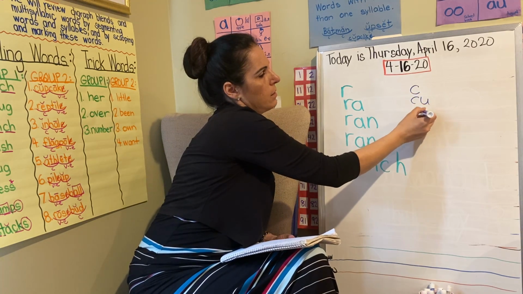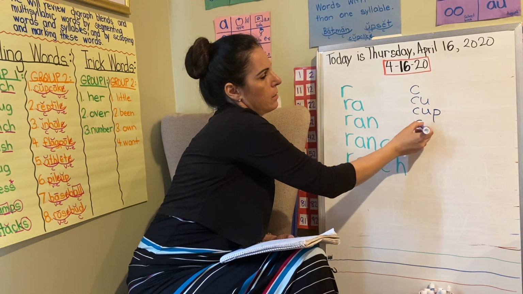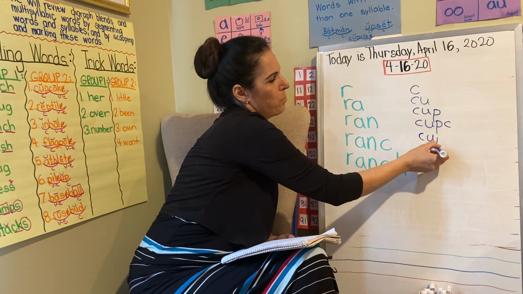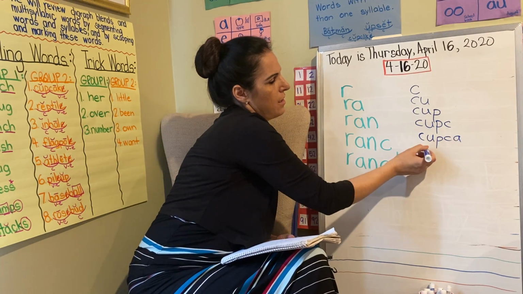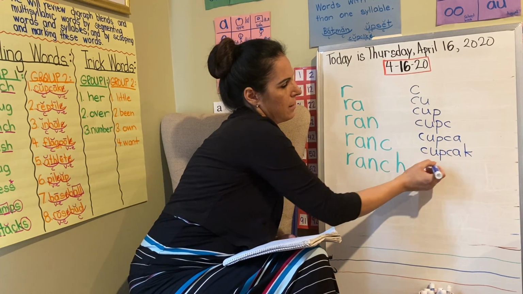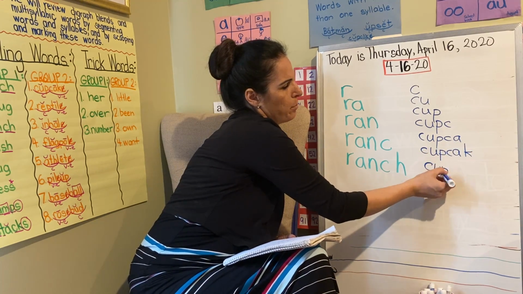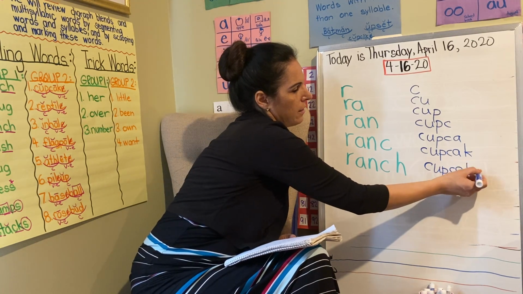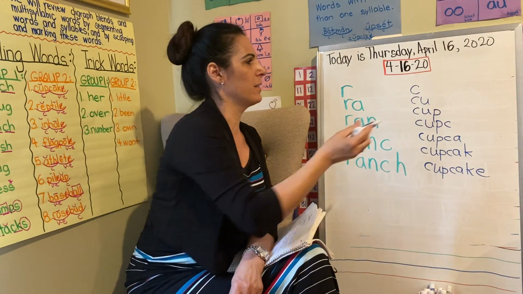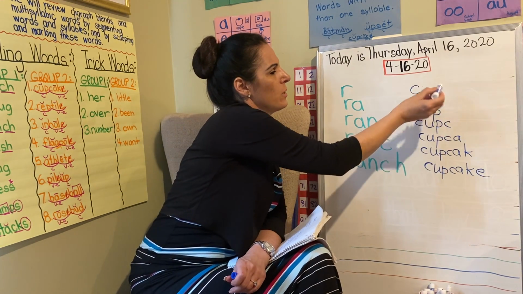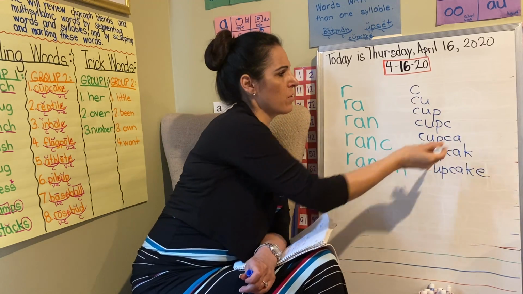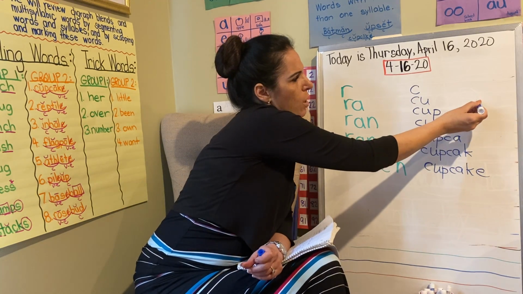Cupcake. And actually what would be really fun is if you took your pyramid and in the empty space that's next to it, because you can't write another word right there, you could just draw a picture of a cupcake.